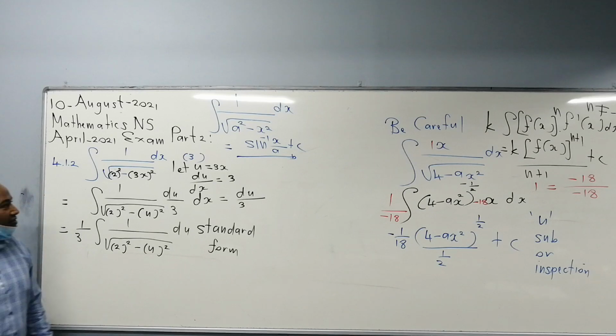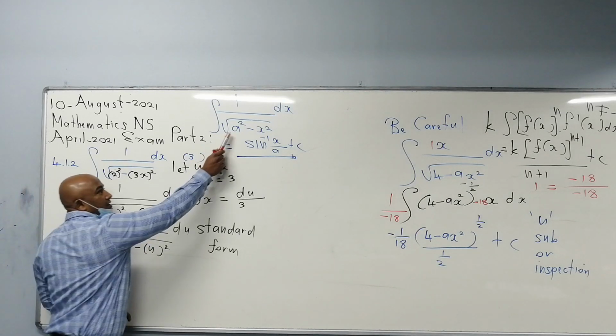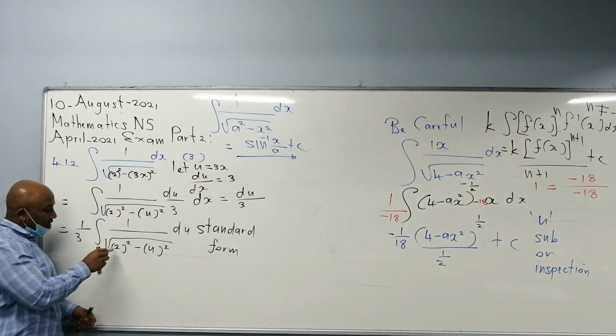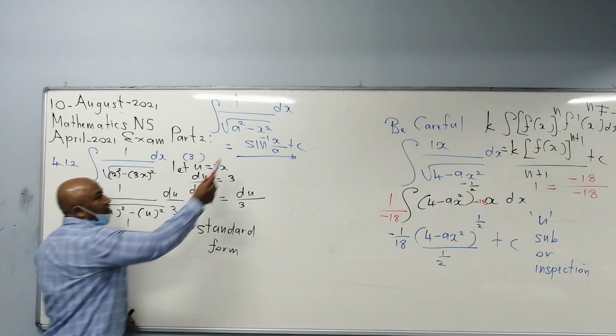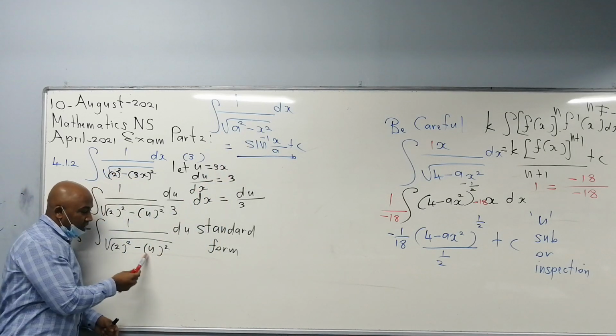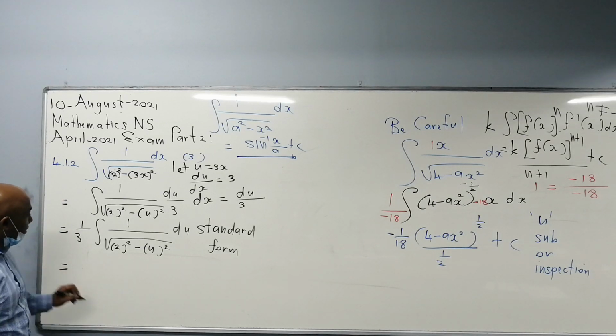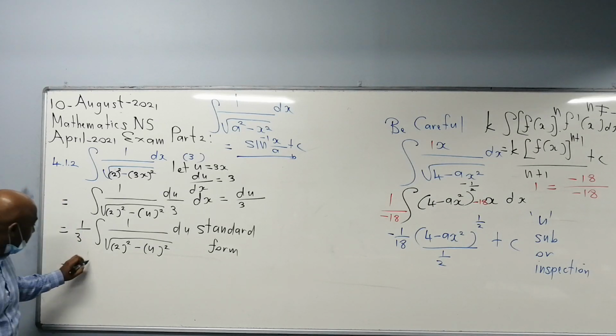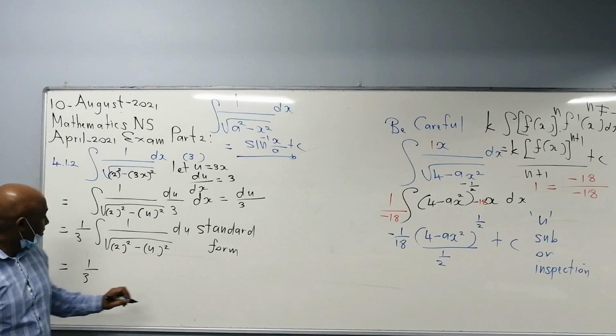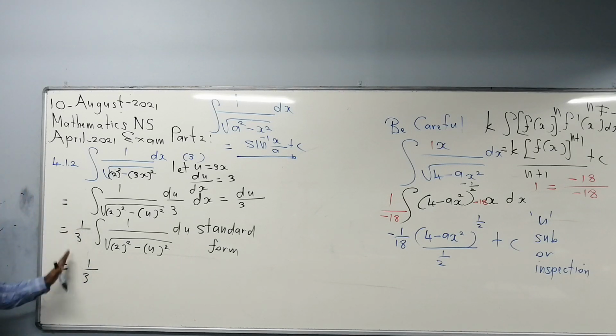So now we have a value for a. Wherever I see a, I'm going to put 2. And there's no more x now. It's replaced with u. Right. So there's the answer. It's going to be 1 over 3, which was already here. You can see that.